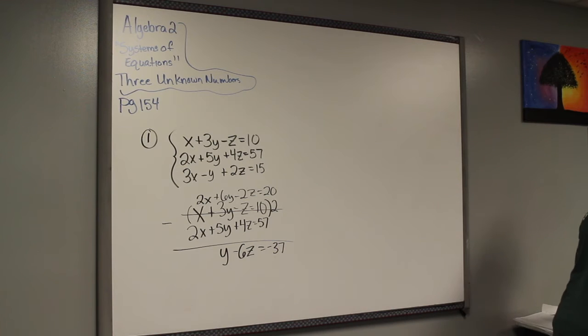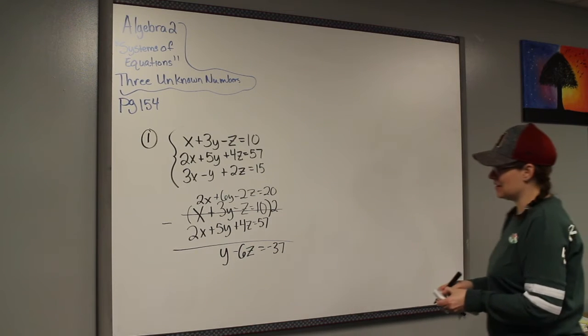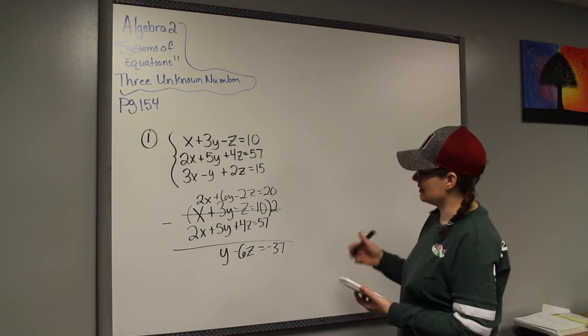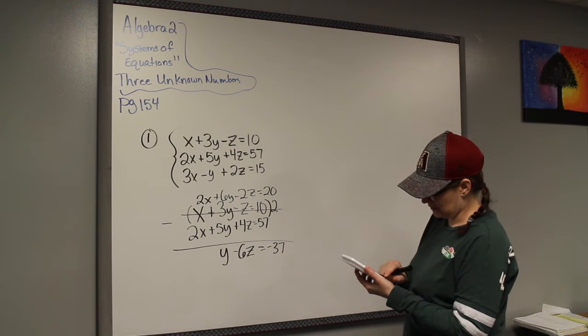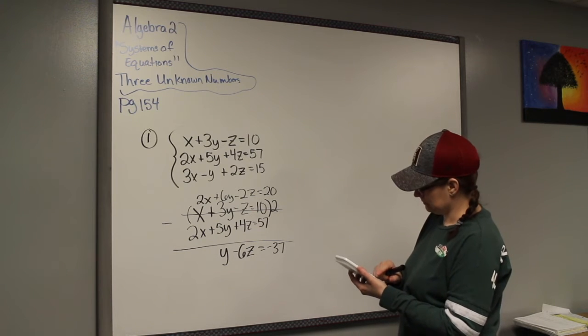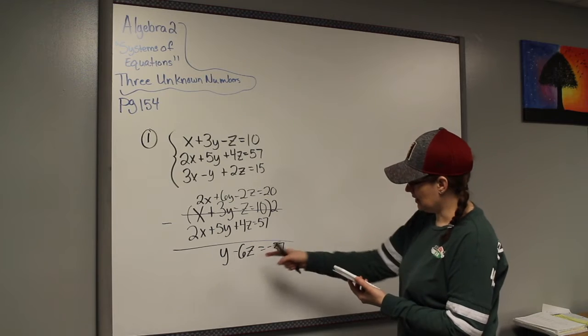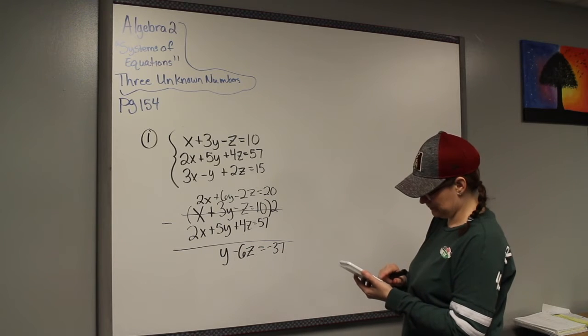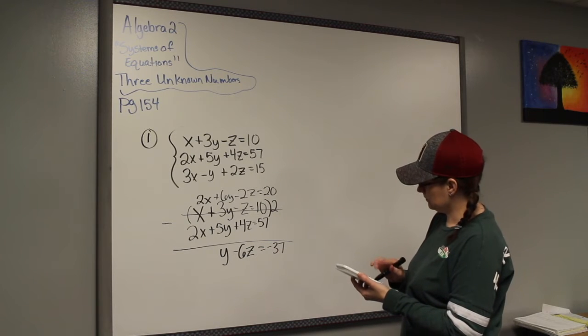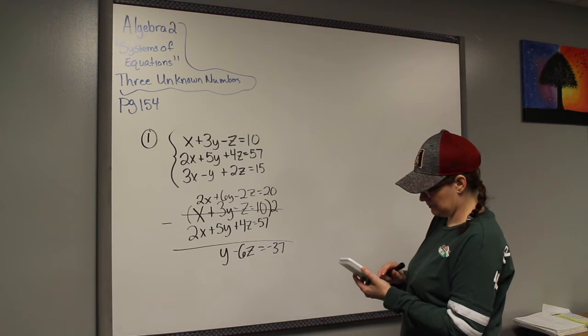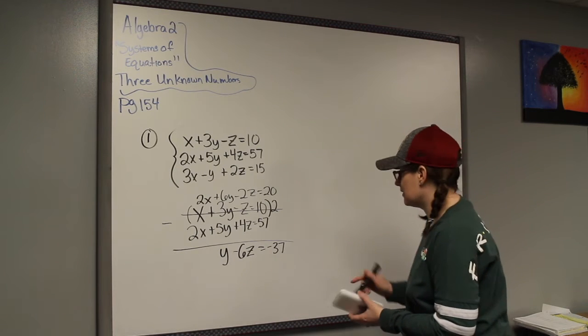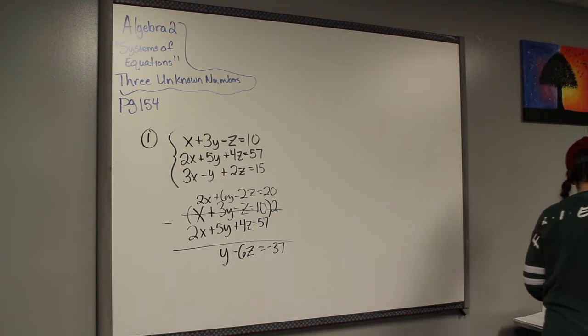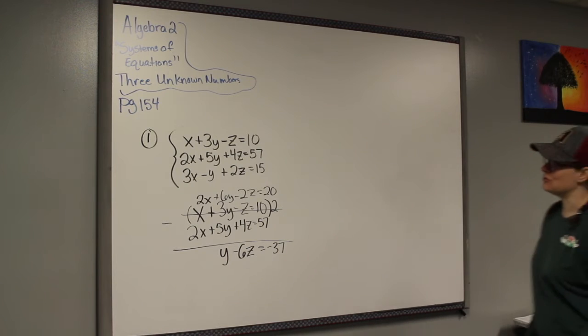I'm going to double check my negatives there because I'd hate to mess up and have to do this all over again, although I'm fairly confident that one is correct. Just because I don't have any faith in myself doesn't mean you shouldn't.